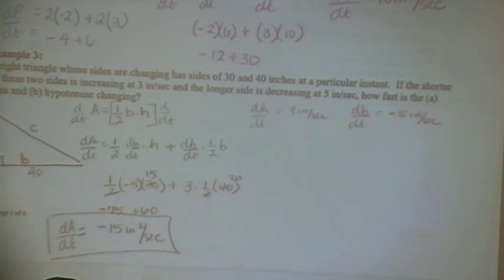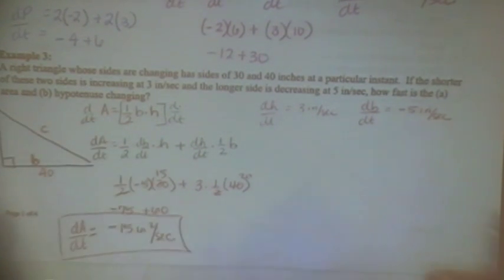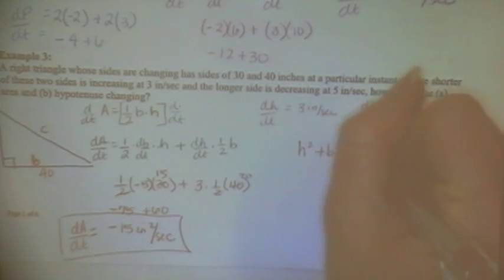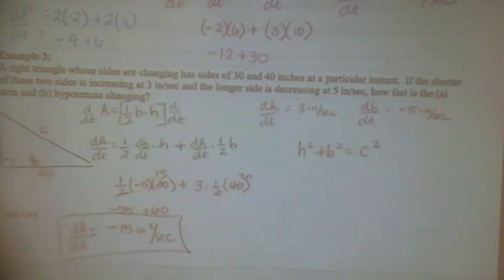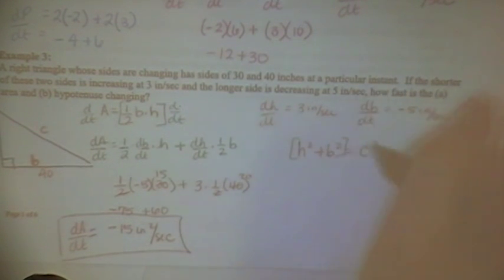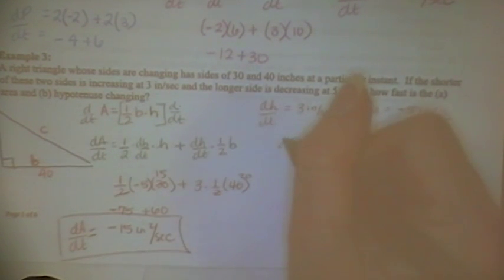Okay, so now they're asking me about the hypotenuse. So it's a Pythagorean theorem. I'm going to go ahead and use the letters that I wrote. So it would be h squared plus b squared equals c squared. You can d dt both sides.